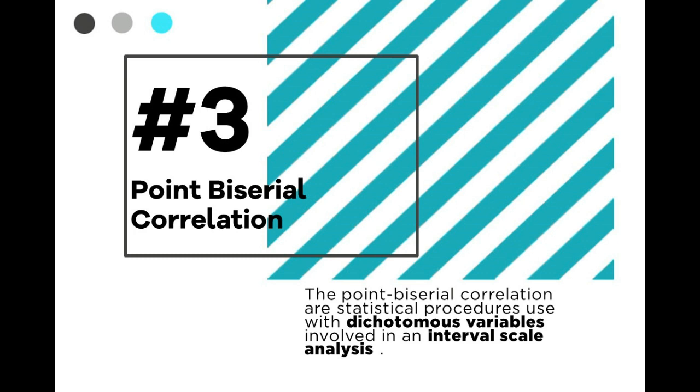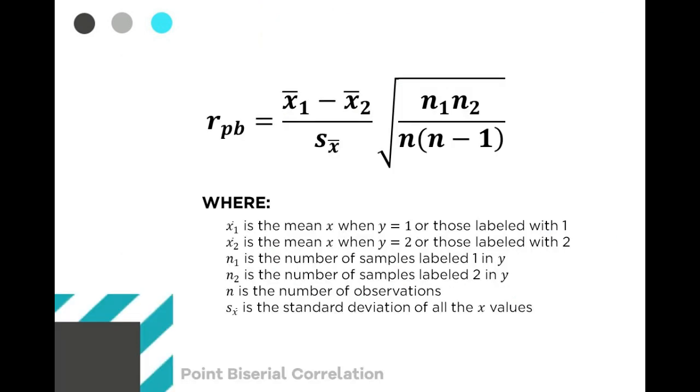Okay, so for the formula of our point-biserial correlation, we use R, which is equal to the mean of the x when y is 1. So yun yung mean of x sub 1 natin, then minus mean of x sub 2. So that's the mean of x when y is 2, or those labeled with 2, over our x sub x mean.